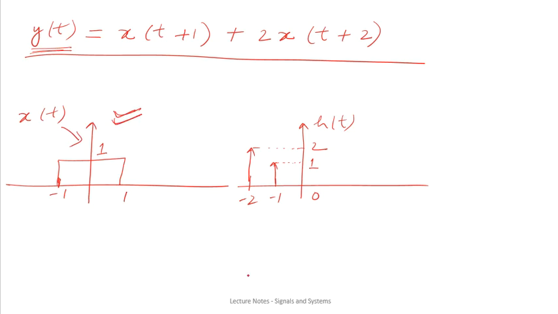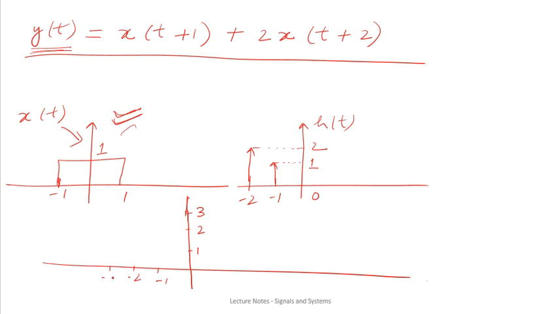So I will draw the output waveform here. So let me just make some points. This is 1, this is 2, and this is 3. This is -1, this is -2, this is -3.